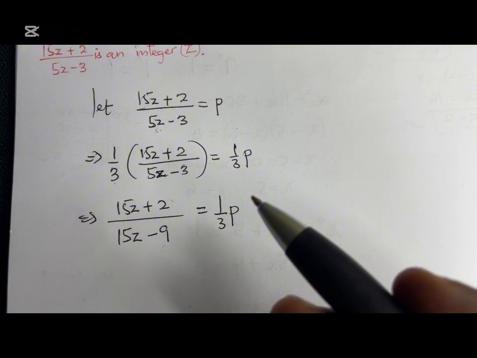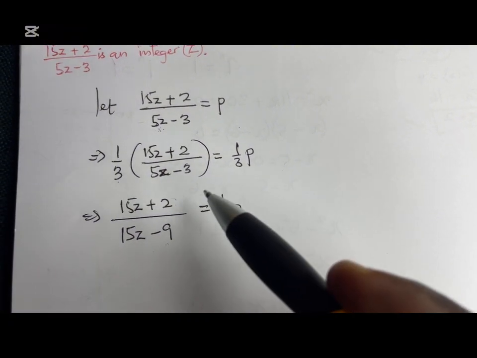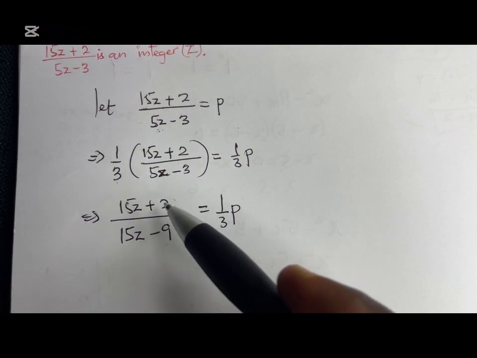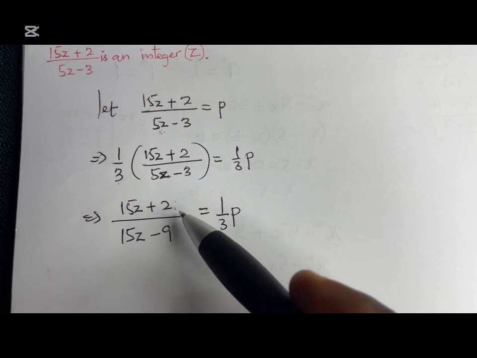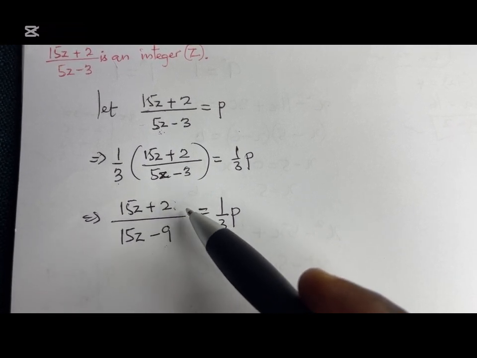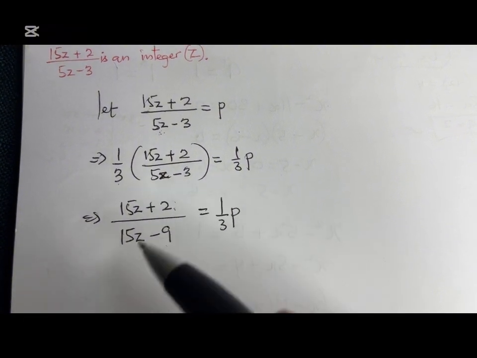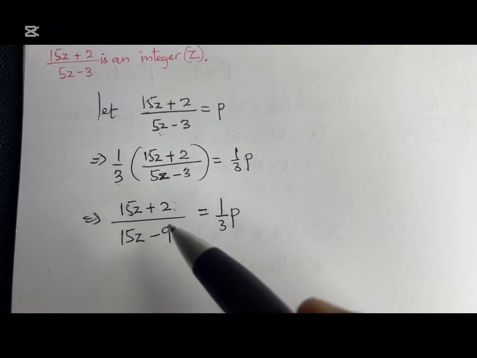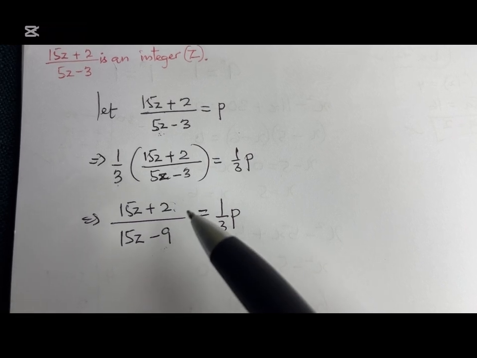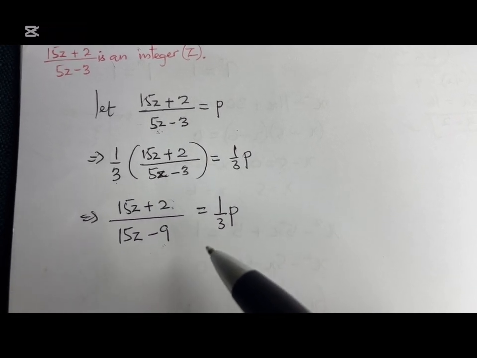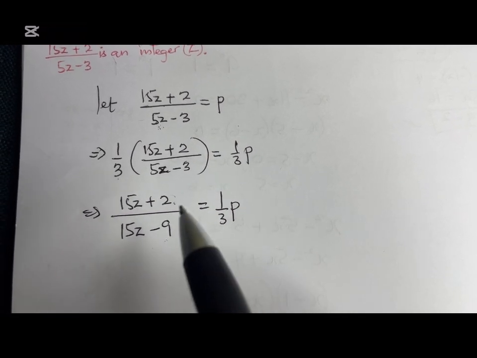There's nothing we can do to the numerator that will not change the whole expression, and we do not want the expression to change, so we have to use an identity.